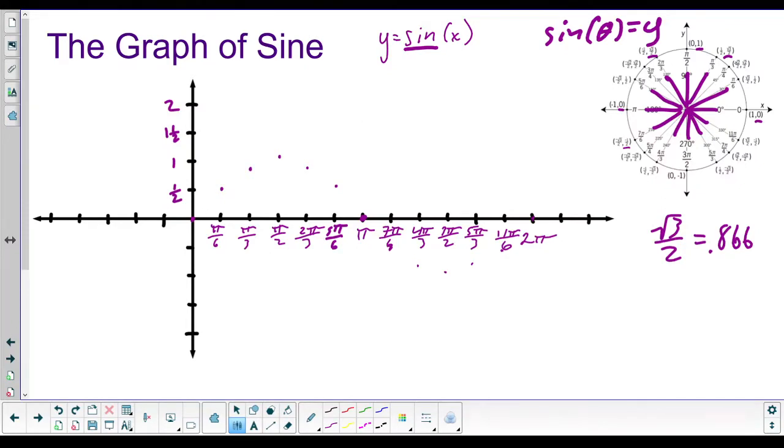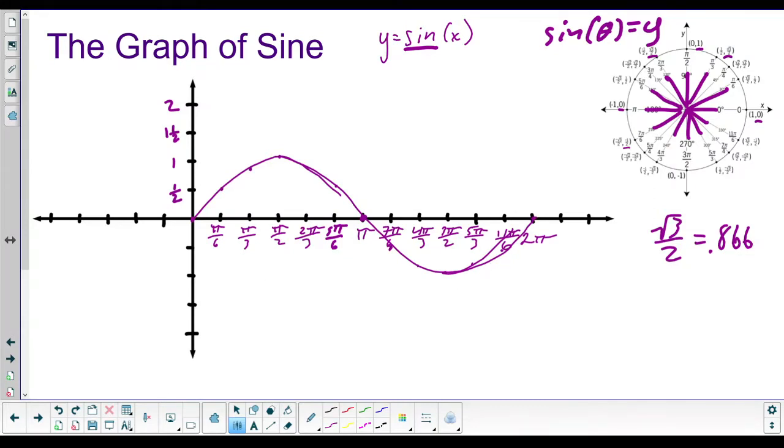So this is one full rotation around our unit circle. So our sine graph is going to start at 0, come up to 1, curve back down to 0, and then do that same curve, but a little bit reversed, upside down.